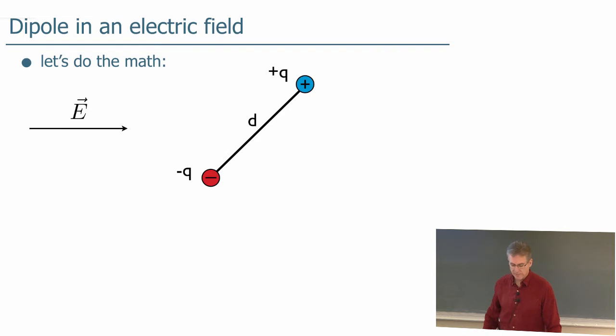Let's think about it and do the math. We've got an electric field, and we have this dipole set up. So we have the charge plus Q on this end, minus Q on that end. They're a distance d apart. Now, we will say that the angle from the positive charge to this horizontal direction, the direction of the electric field, is theta.